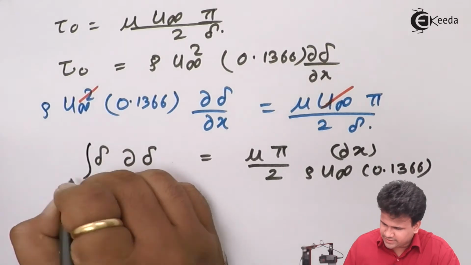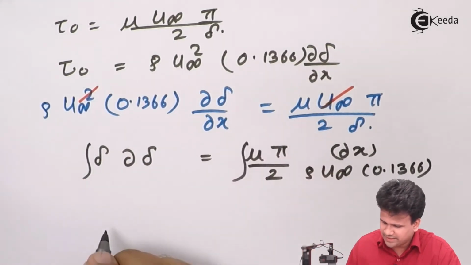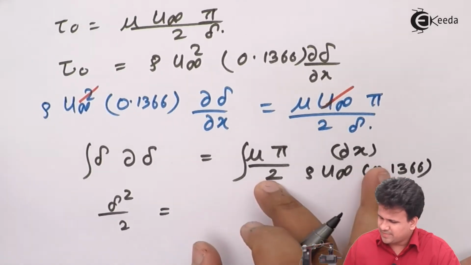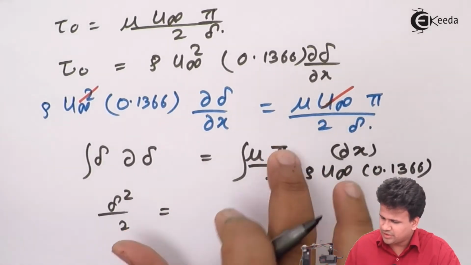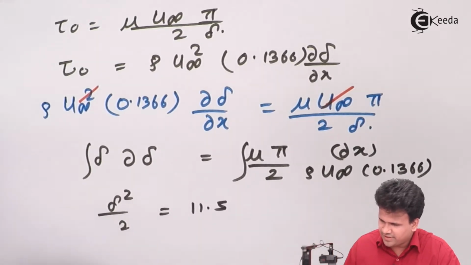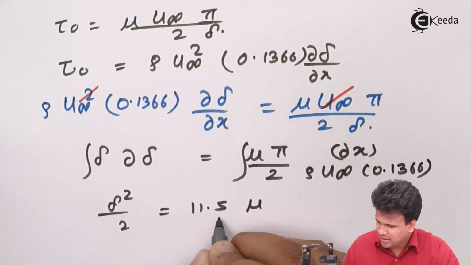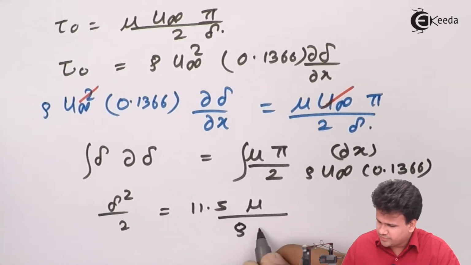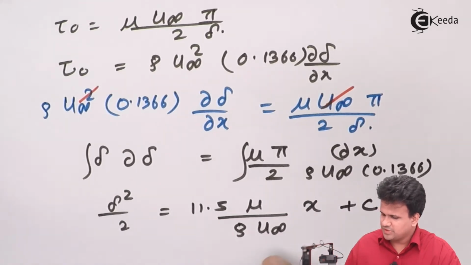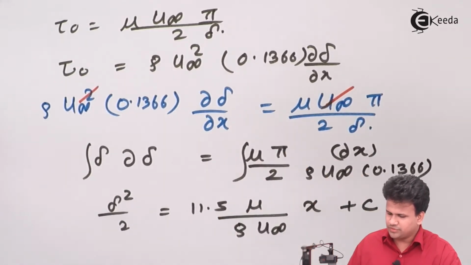On integrating this part, we'll get delta square by 2, and multiplying this along with pi, the constants will be equal to 11.5 into mu upon rho into u infinity into x plus c. So all the terms we have considered over here.